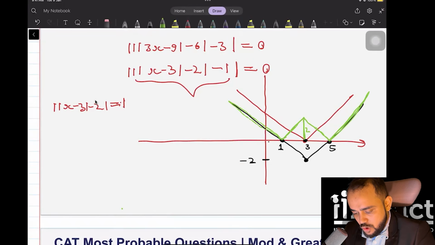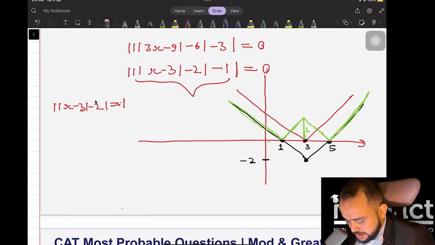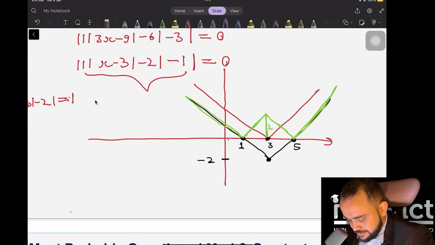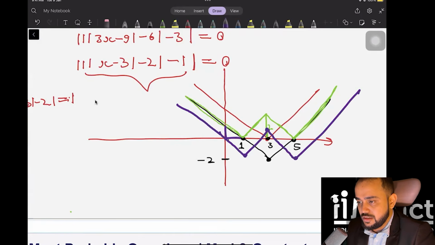So this graph is now going to pass through the origin, because this is 1, so 1 unit down. So I am going to go something like this: 1 unit down, then 1 unit here, then 1 unit here, and then something like this.